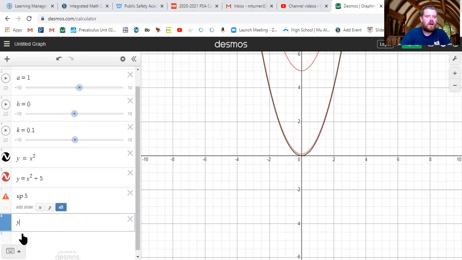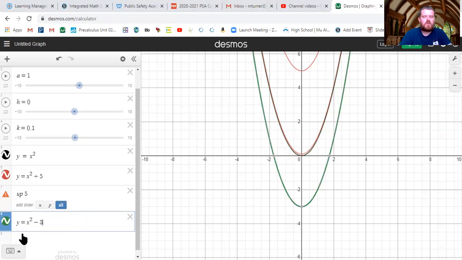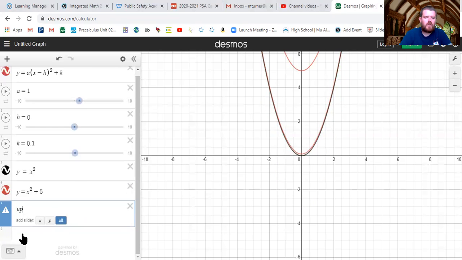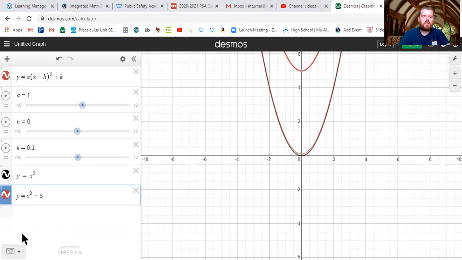If I gave you y equals x squared minus 3, you would tell me down 3. So pretty straightforward there on that one. And that's true for any function family: if you change the value by a constant on the outside, then it's going to move it up or down respectively. So that's the k value. So k moves it up and down.